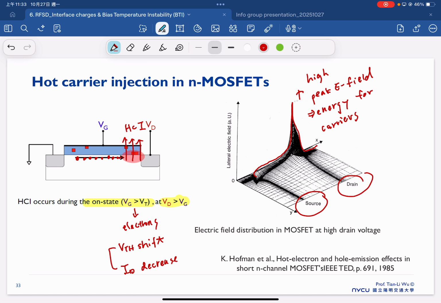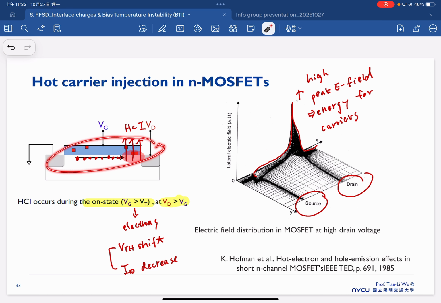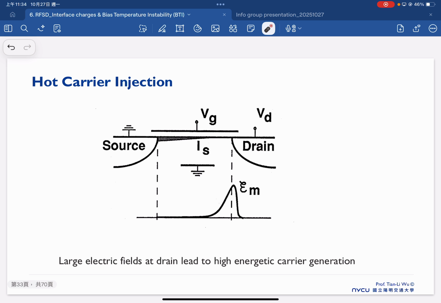They suffer a lot from hot carrier injection because now we try to reduce the length. If we're scaling the length here, then the effective electric field is getting higher. So hot carrier injection becomes pronounced. Compared to before, it's getting more and more serious in advanced CMOS.